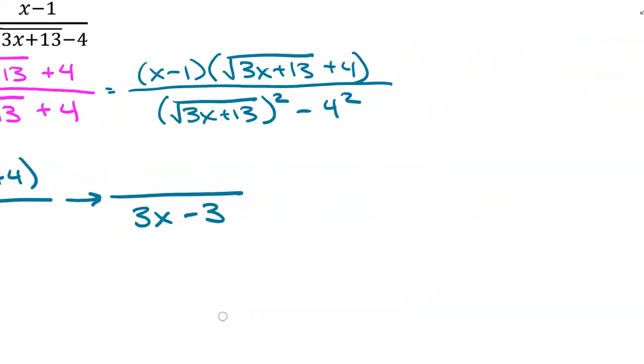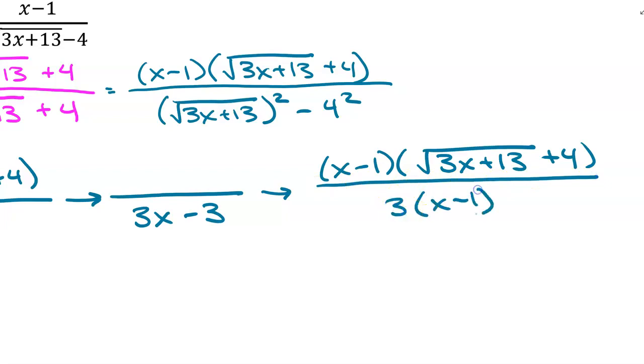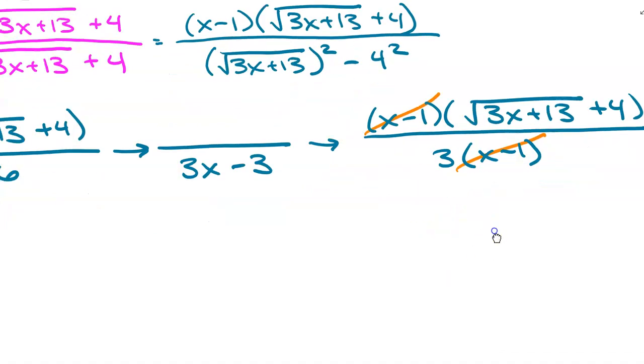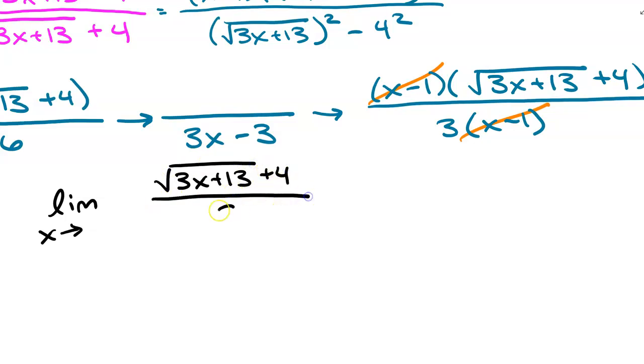So that will give me x minus 1 times the square root of 3x plus 13 plus 4 over 3 times x minus 1. There we go. That will cancel out those two. So I am trying to find the limit as x approaches some number that I forgot about by now of square root of 3x plus 13 plus 4 over 3.